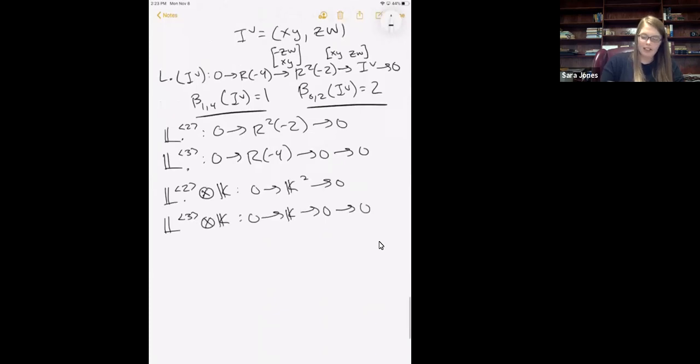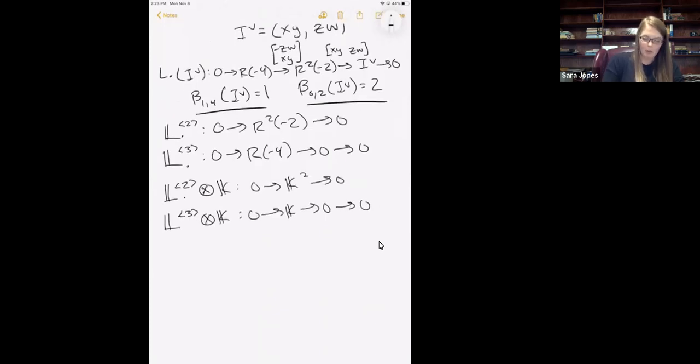Okay, again, continuing this out, we use that formula we saw earlier, and we see that the 0, 1 Lyubeznik number is going to be the dimension of the first homology of the 3 linear strand of the Alexander dual. And so it ends up just being the dimension of K, which is 1.